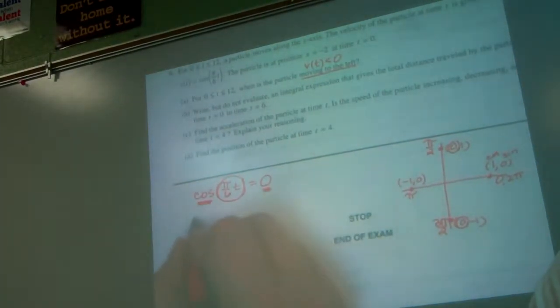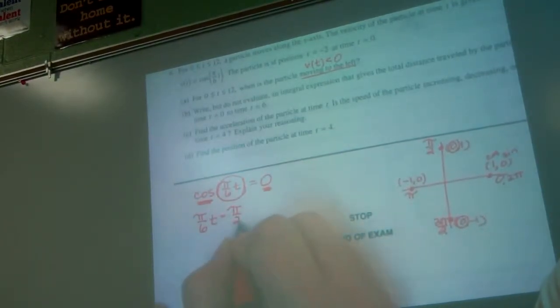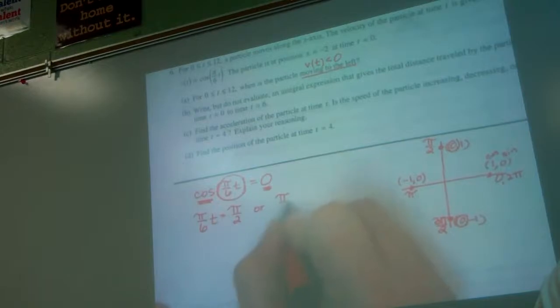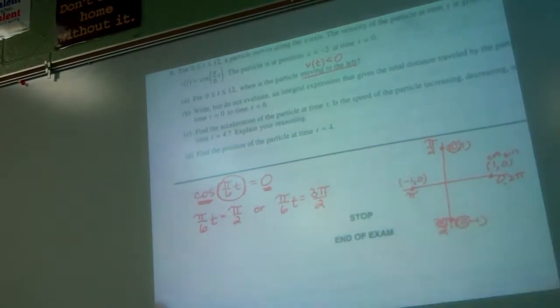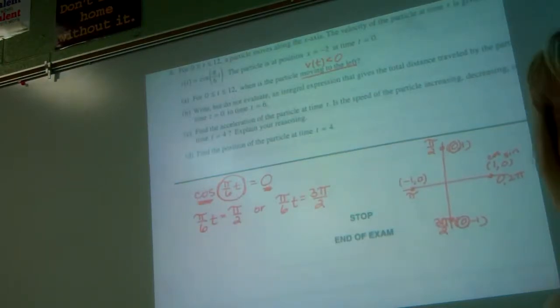So pi over 6 t could equal pi over 2, or pi over 6 t could equal 3 pi over 2. Those are the two times on the unit circle that cosine is 0.